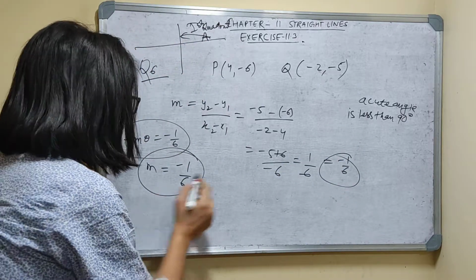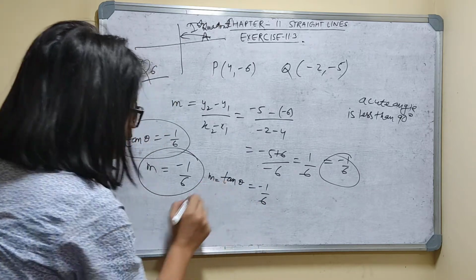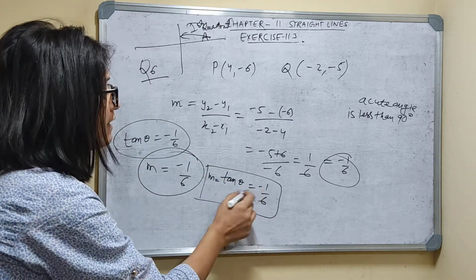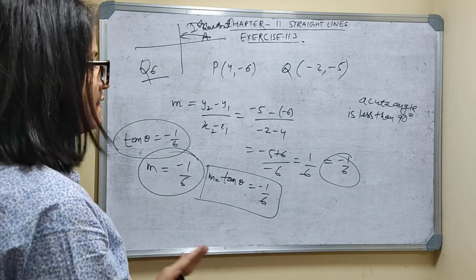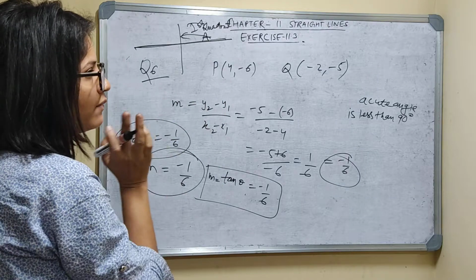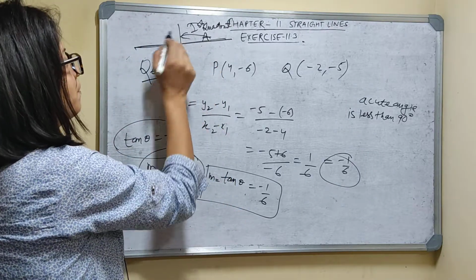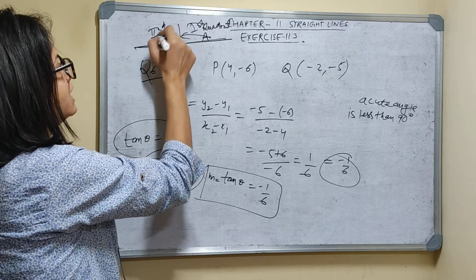But here tan theta I am getting what? Minus 1 by 6. That is M, that is slope. If tan theta value is negative, I know angle theta should be between 0 to 180, and 180 is not included. And if it is a negative value, so pakka it is in the second quadrant.